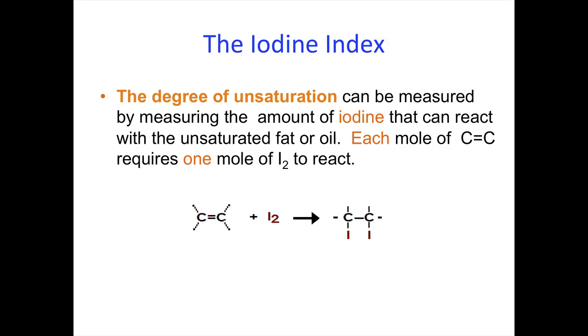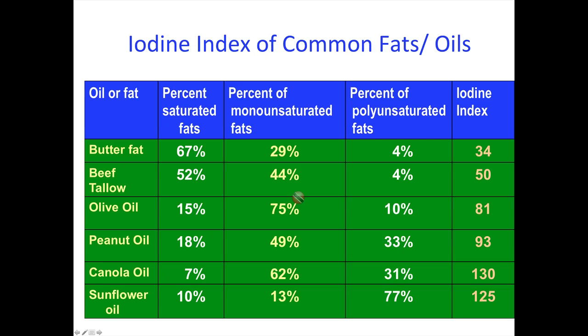You're going to be breaking this double bond. So you're not going to have a double bond, you'll have a single bond. So each carbon is going to accept one of the iodine atoms. Right? So what I want you to remember about the iodine index is that for each double bond, 1 mole of iodine is going to react with it. So let's remember that for me.